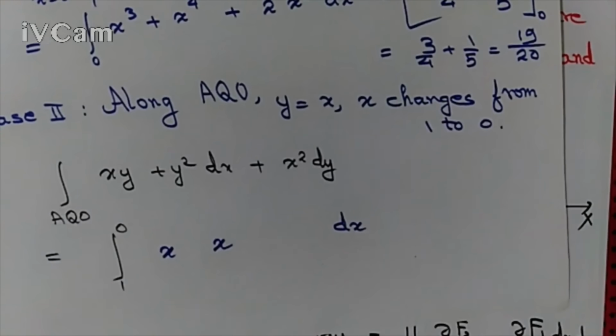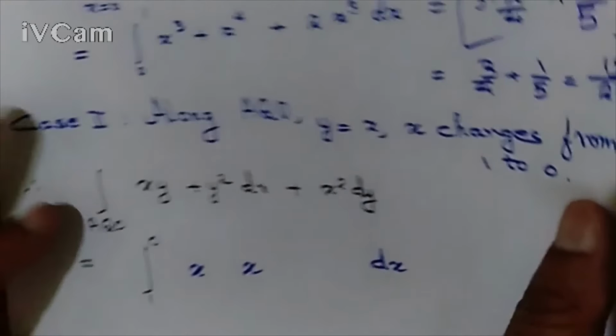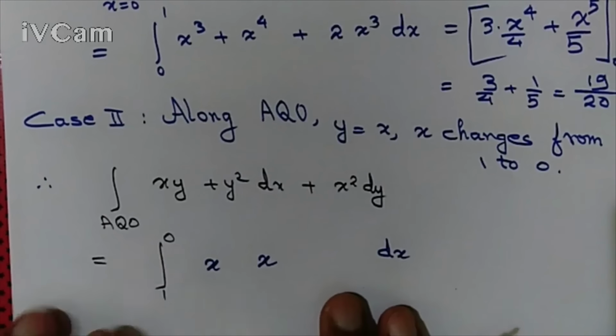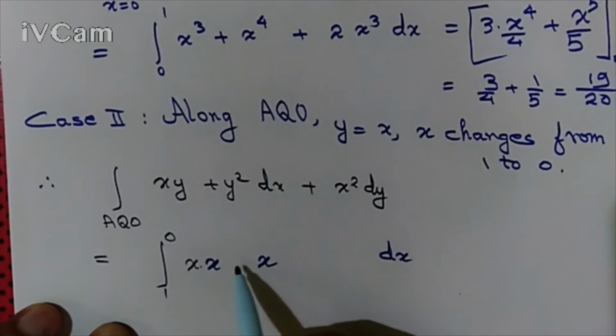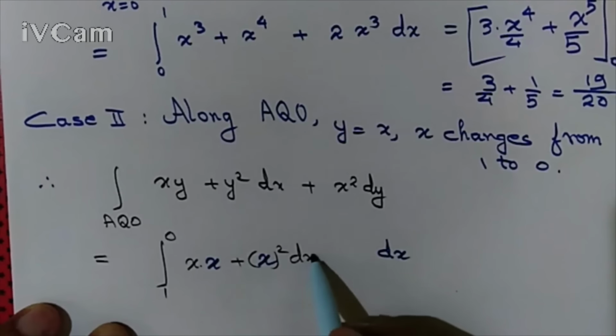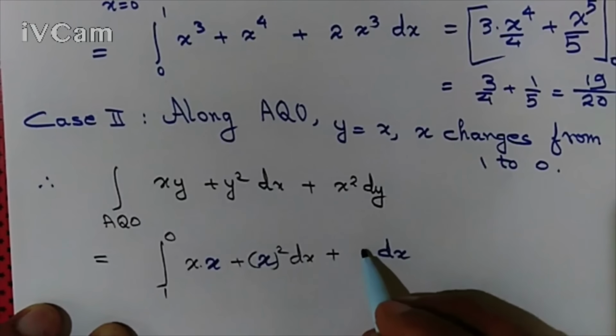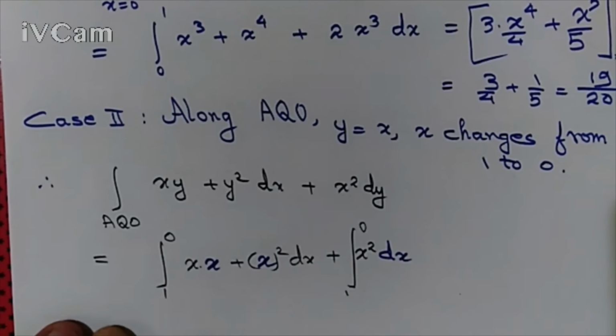Rest x as it is. So, x squared plus x squared plus x squared, that's 3x squared.